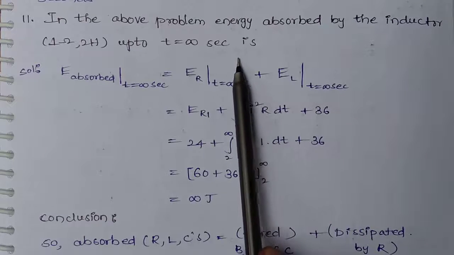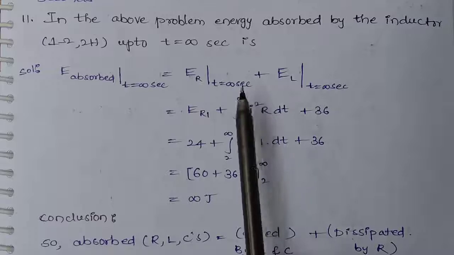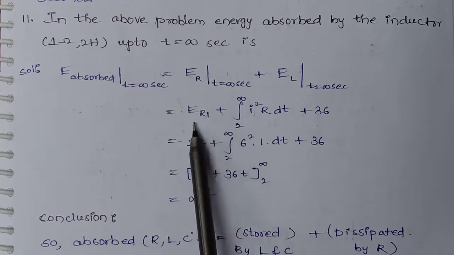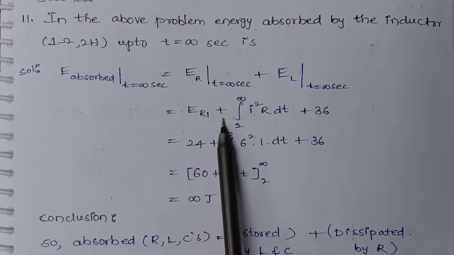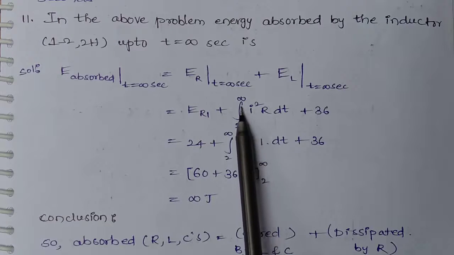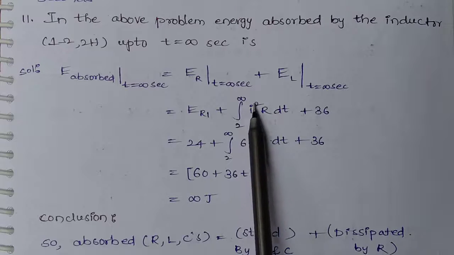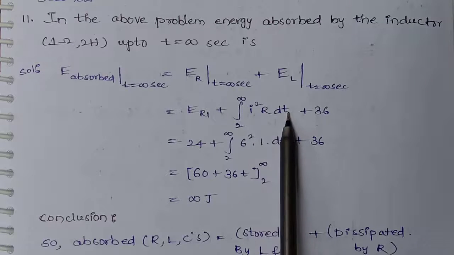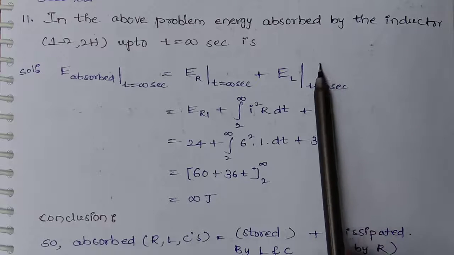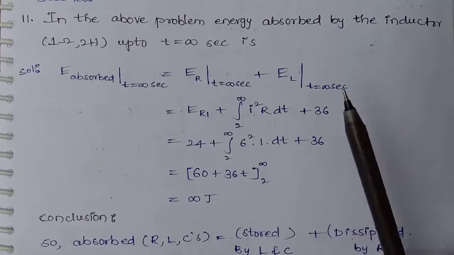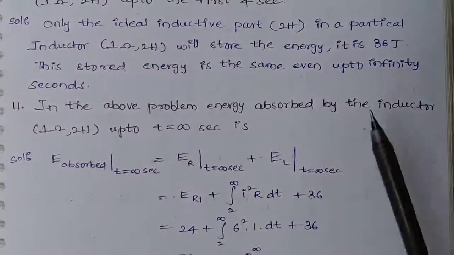So the energy absorbed by the resistor I am splitting into two parts. One is ER1, that means the energy absorbed by the resistor from 0 to 2 seconds, plus the energy absorbed by the resistor from 2 to infinity seconds, integration 2 to infinity of I square R dt. Okay, this is the energy absorbed by the inductive part, that is 36 joules. In the previous question we have solved that.